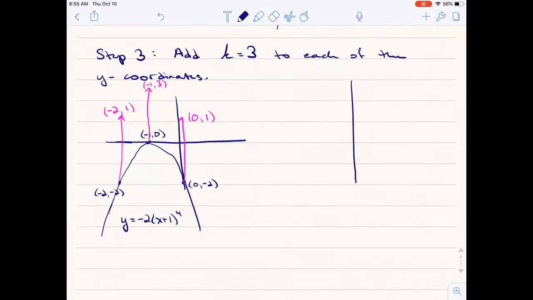So finally, our graph is at, let's put it here, -1, 3, 0, 1, and -2, 1.